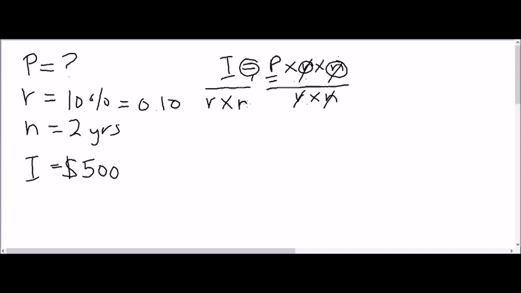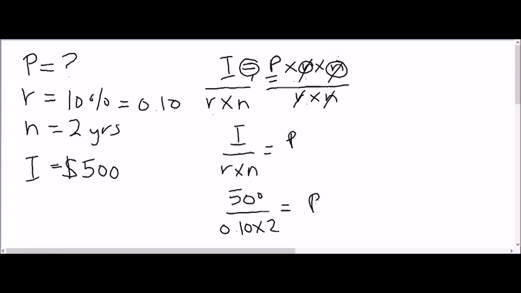So we divide simple interest by R and N, right? The rate and the time. So your new formula becomes simple interest over R times N is equal to P, where you already know your simple interest, $500, divided by rate is 0.10 multiplied by time, which is 2 years, and that should give you the principal amount.